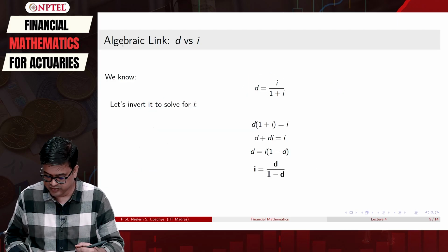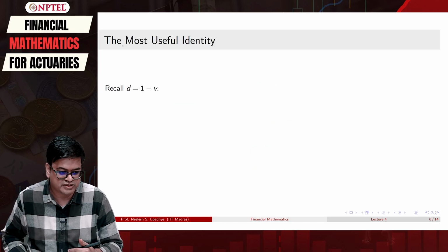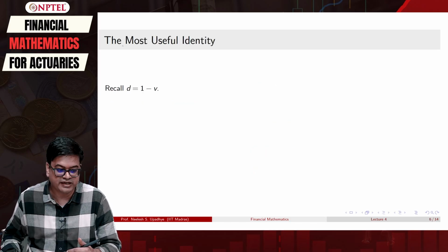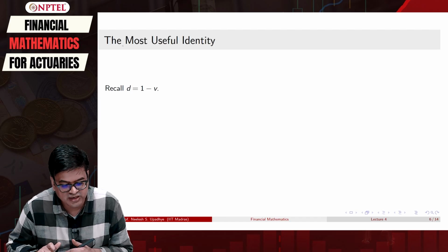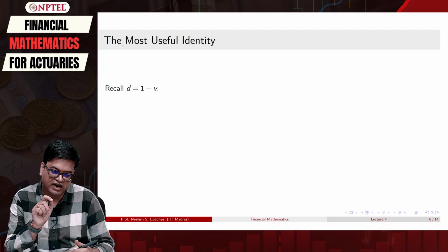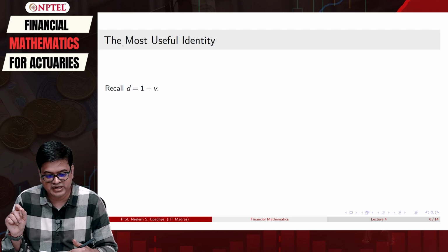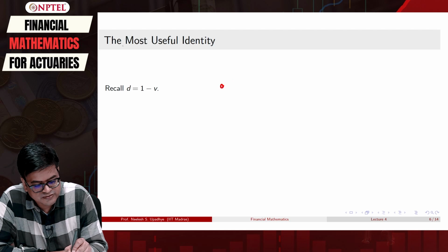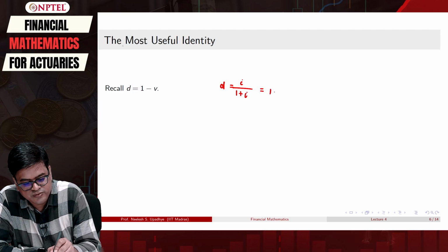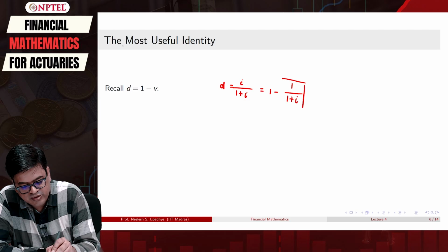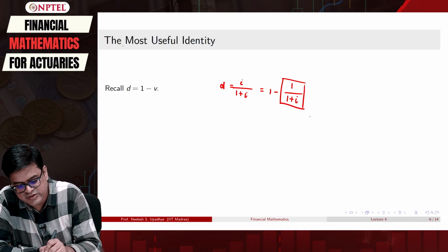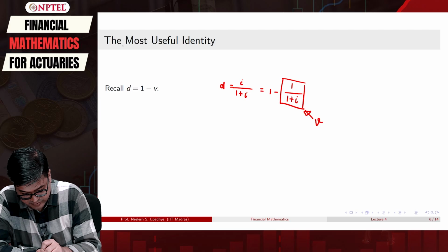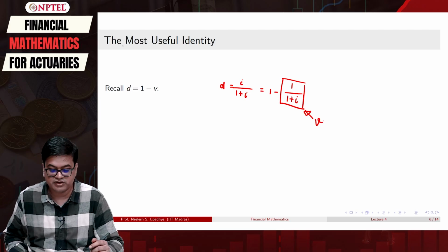Now let us try to explore the next topic, which is the most useful identity, and I have already given you a glimpse of it when I wrote that I upon 1 plus I is 1 minus 1 upon 1 plus I. We already have seen I upon 1 plus I is equal to 1 minus 1 upon 1 plus I. But this 1 upon 1 plus I, in our previous lecture we connected with V, which was the present value, right?